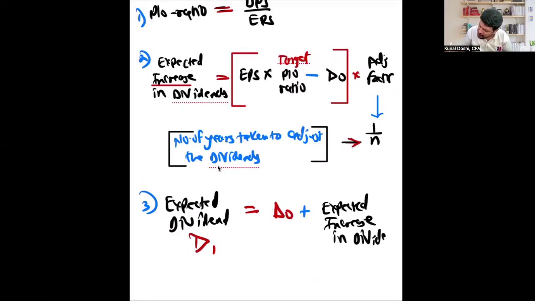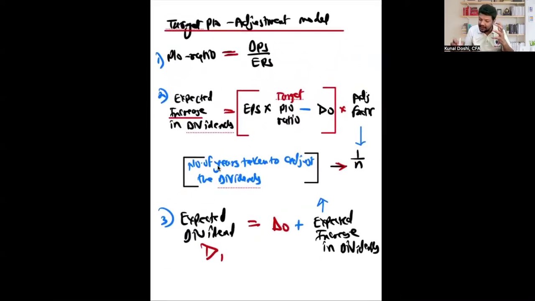Understood, everyone? So that is going to be my expected dividend, D1. Now I will show you how exactly this is connected, so you don't have to memorize all of this at all, in a moment.